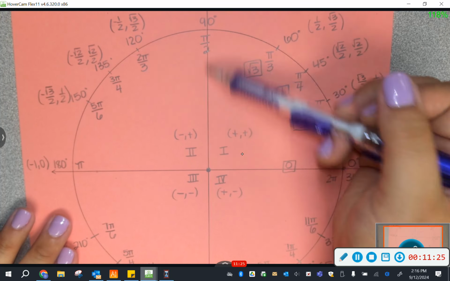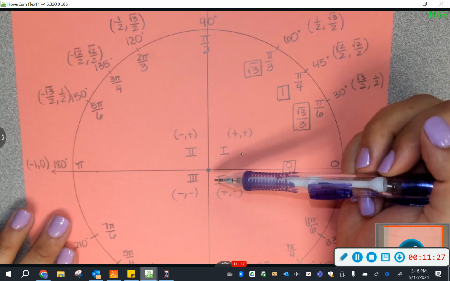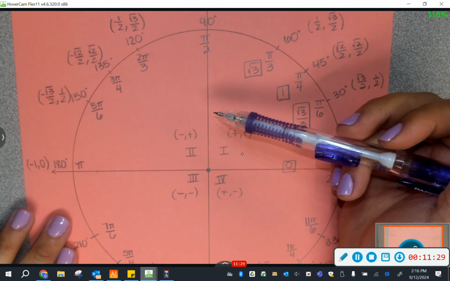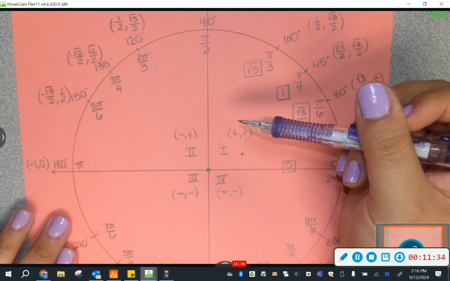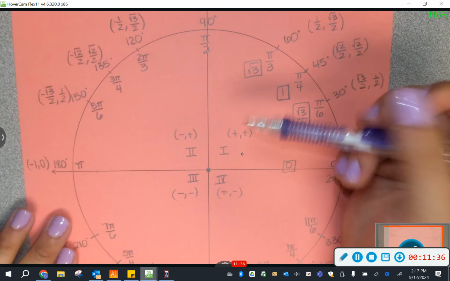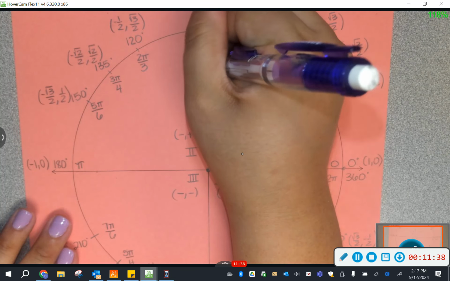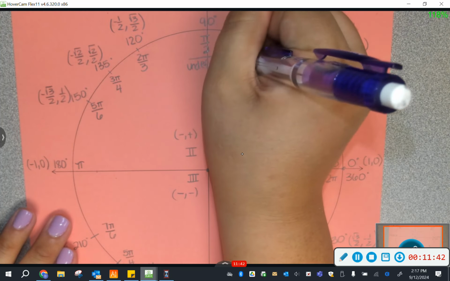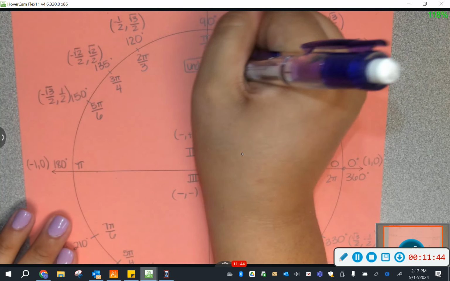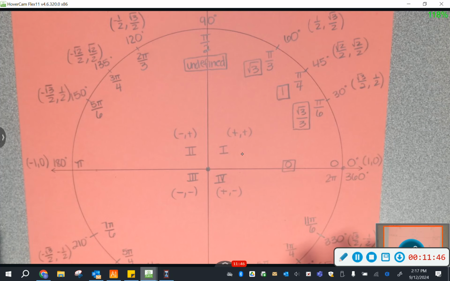What is the slope of a line that goes straight up and down? Undefined. The tangent at 90 degrees is undefined. Because remember, what's the slope of a vertical line? Did y'all learn that? Vertical is undefined.